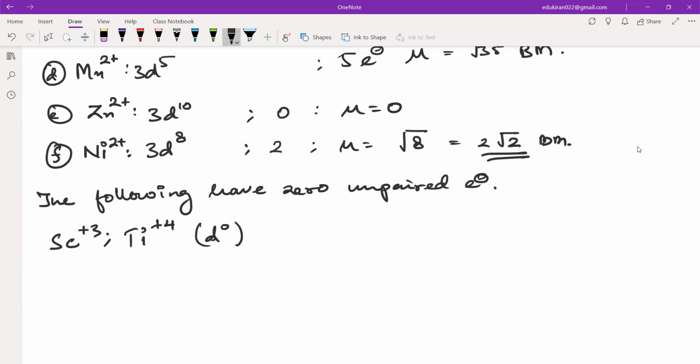Then you can have copper plus 1, because copper is 4s1 3d10. So if I remove just the 4s1 electron, there will be 3d10, right? So copper plus 1 and zinc plus 2, these are d10, and that is why these have 0 unpaired electrons. So please write these 2 points for d0 and d10: scandium plus 3, titanium plus 4, copper plus 1, and zinc plus 2. Done? Yes. Okay.